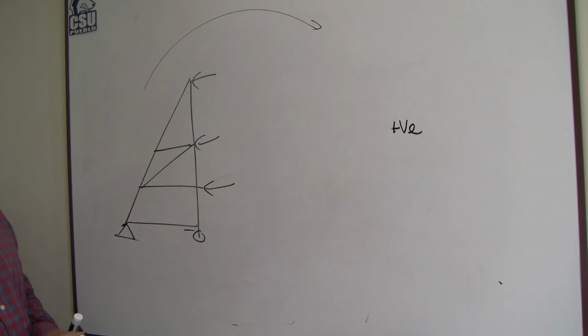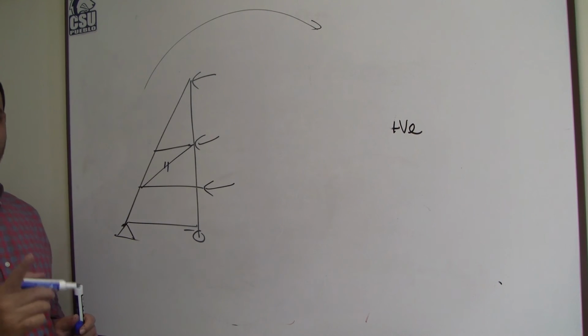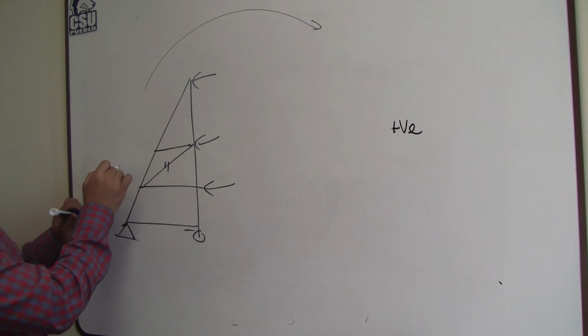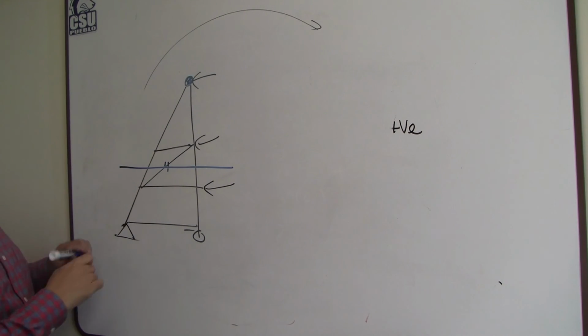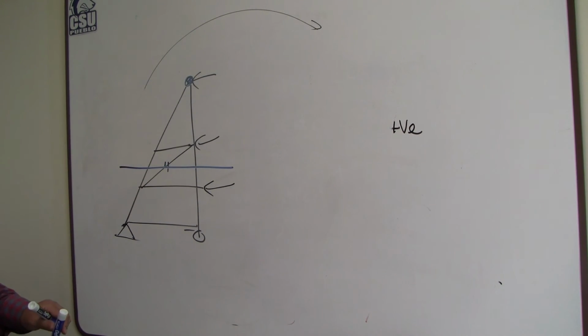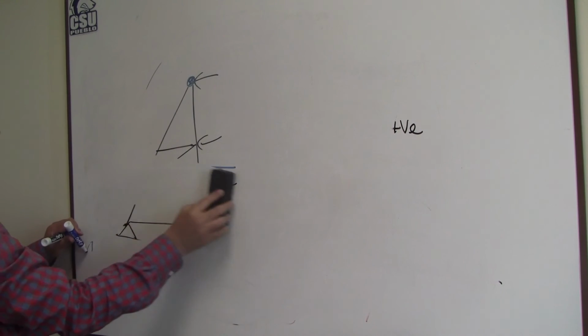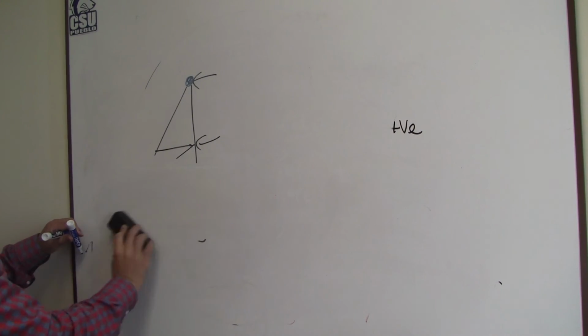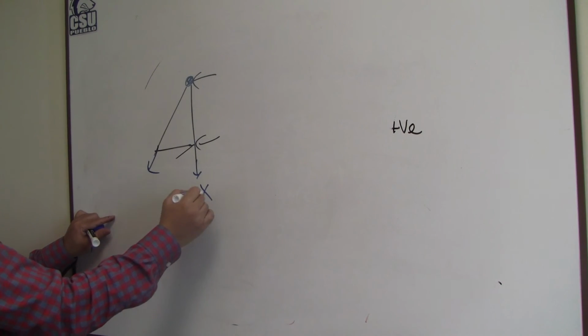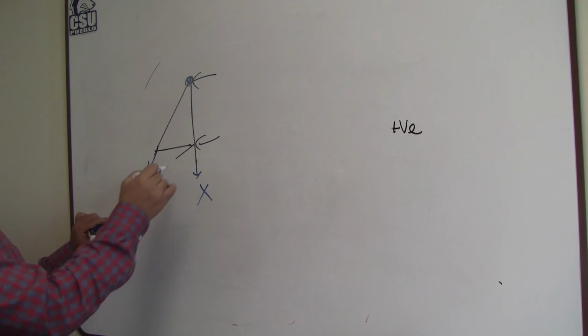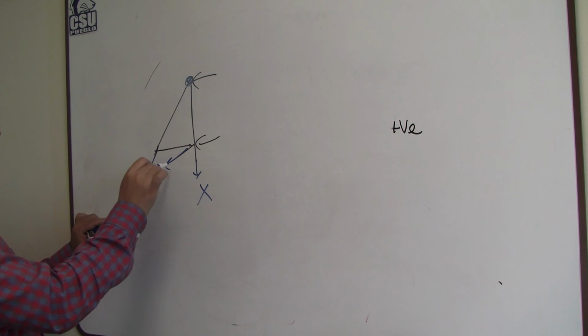If the question asks what is the member force here, the joint method might be difficult. Simply cut here, take moment here. If you cut here and take moment here, the force here will have no effect, no moment. You can find this one very easily.